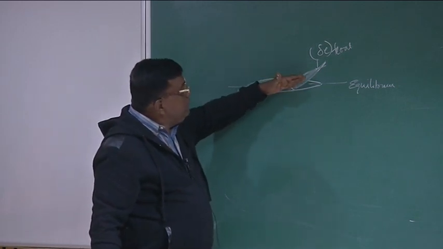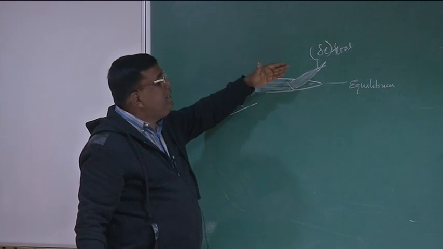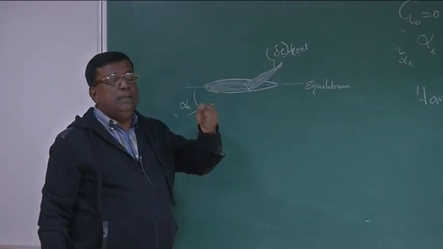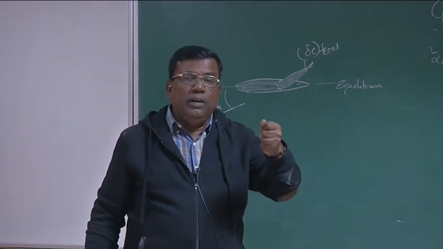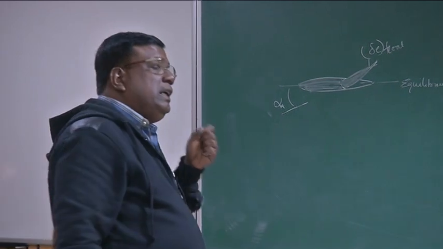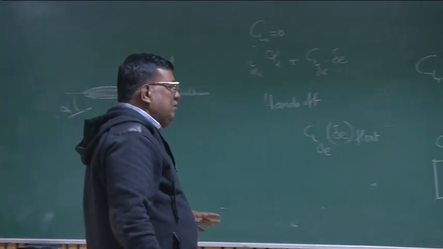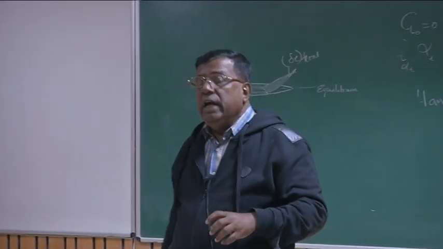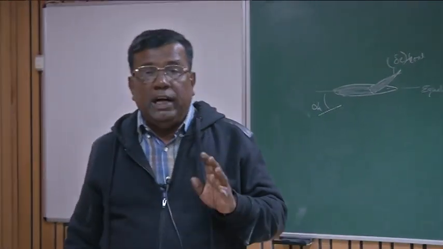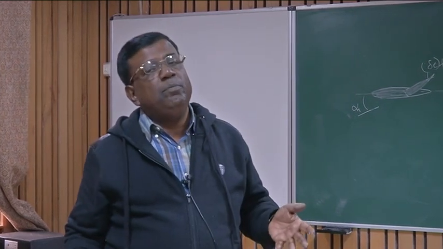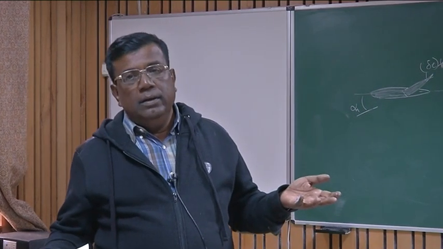So since it has floated up like this, its CL alpha has to be less compared to CL alpha when the stick was fixed. It was not allowed to float. So what is the message? Whatever expressions you have developed for a stick fixed case, you can use them, but change CL alpha tail to CL alpha prime tail. That's all. Is it clear?